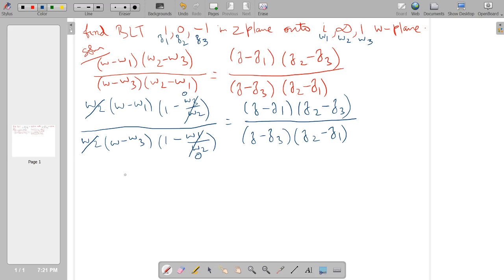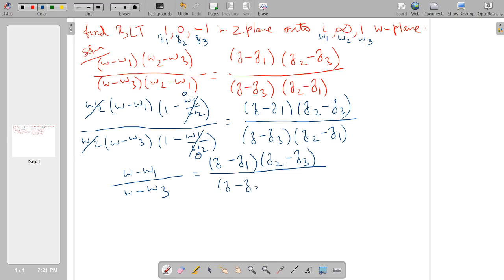So I will have (W minus W1) by (W minus W3) equal to (Z minus Z1) into (Z2 minus Z3) whole divided by (Z minus Z3) into (Z2 minus Z1).